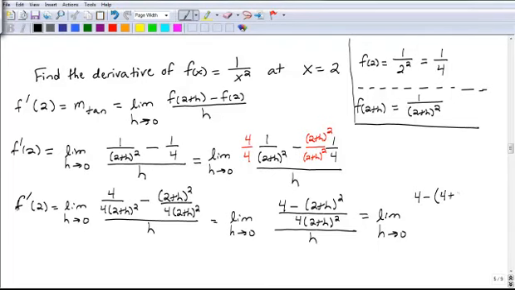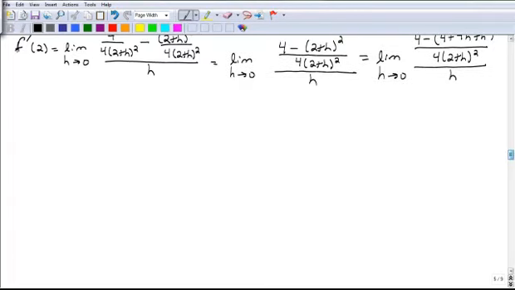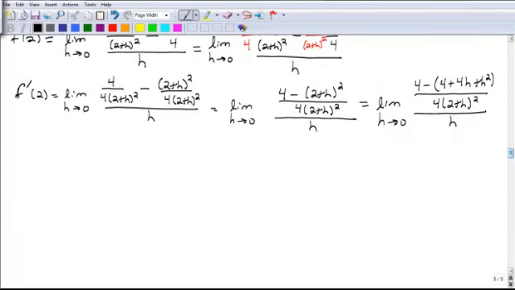That's 4 plus 4h plus h squared over 4 times 2 plus h squared over h. All I did was FOIL 2 plus h times 2 plus h, and that gives me 4 plus 4h plus h squared. More algebra. Yay! I still can't cancel that h, so I have to simplify some more.